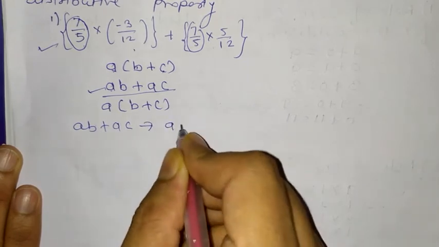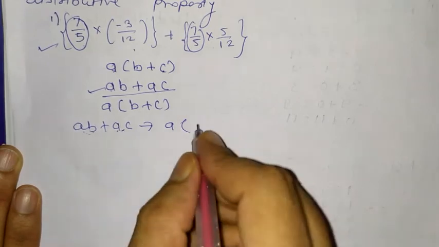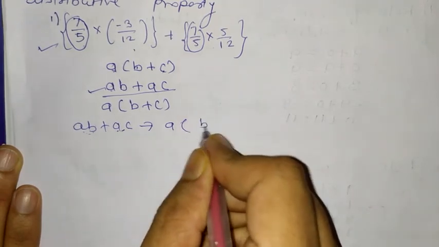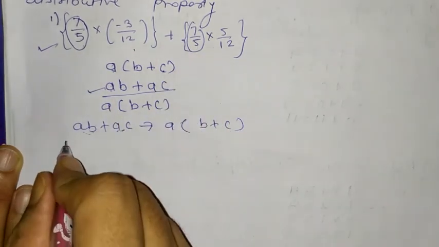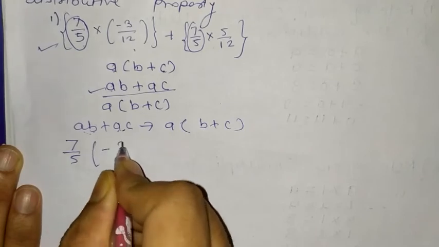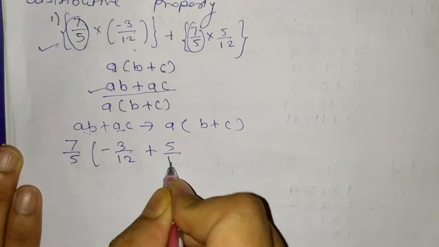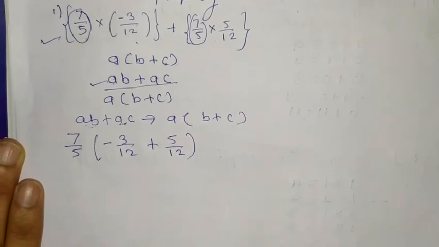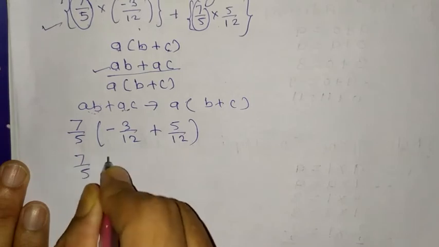We take a common. In both sides a is there, so we keep a common and write b plus c. So here also this one is common, so we keep 7 by 5 separate, and write minus 3 by 12 plus 5 by 12. Got it?